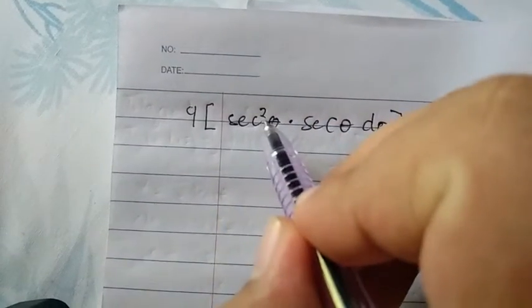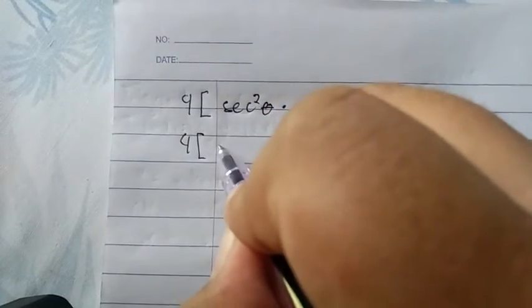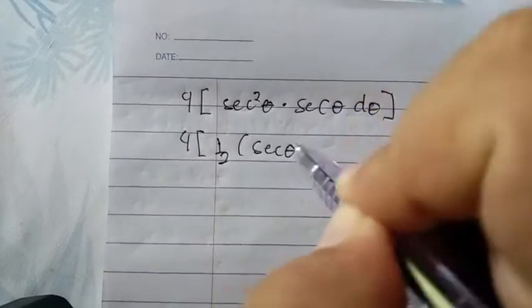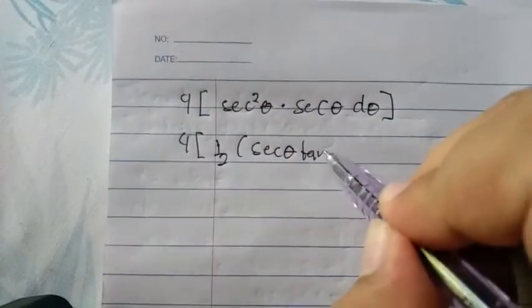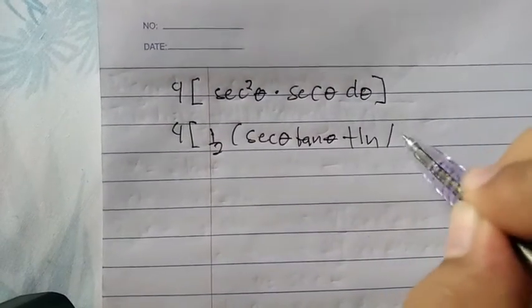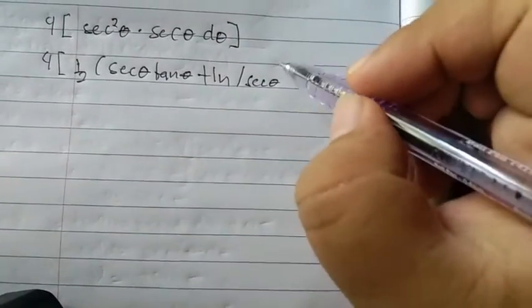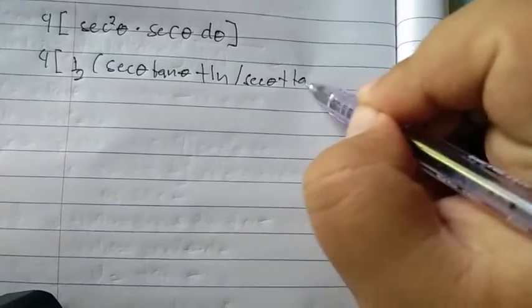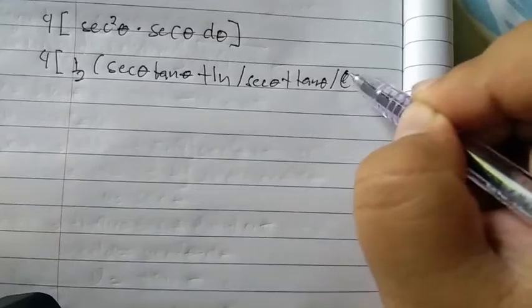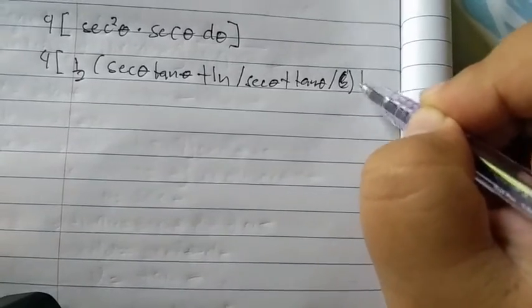Then by this squared here, there will be 1/2 sec theta tan theta plus ln absolute value of sec theta plus tan theta, close parenthesis right here, and plus c.